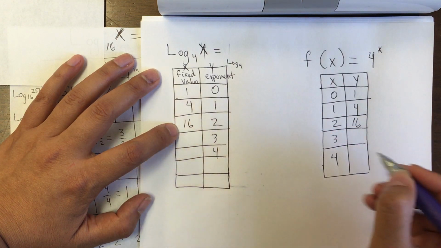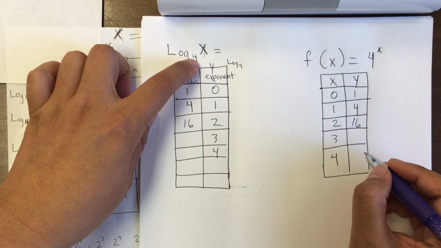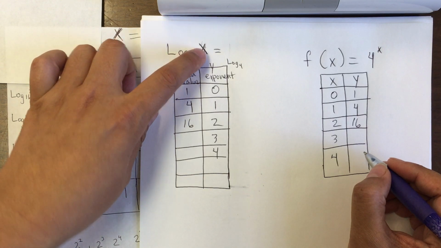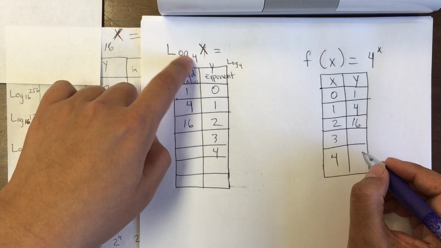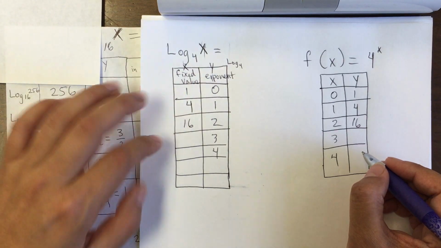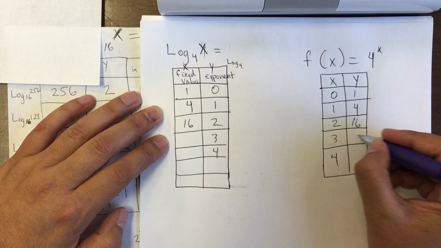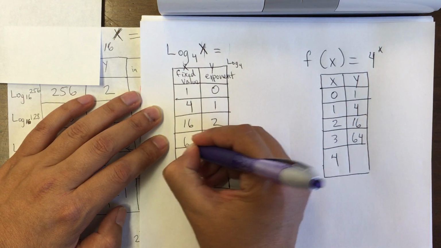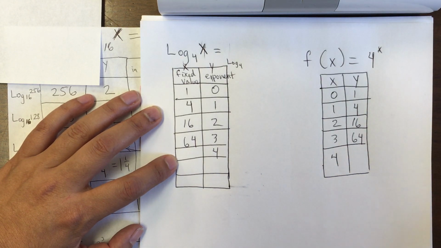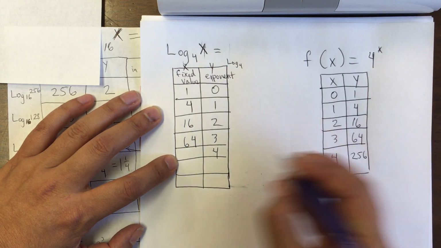And so in here it's just going to switch. It means log base 4 of 16 is 2, meaning base 4 raised to the second power is 16. Okay, to the third power, 4 times 4 is 16, times 4 is 64. So I'm going to write that down in here. And then finally, 64 times 4 is equal to 256.